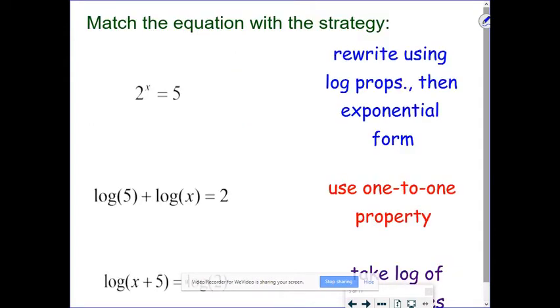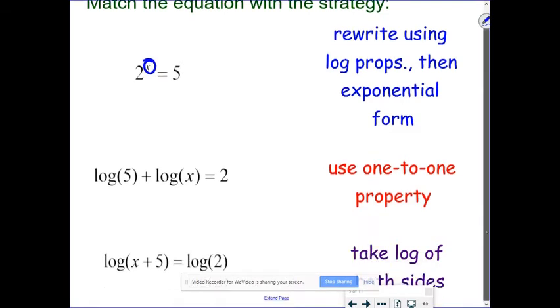We go on to the next one now. We think about strategies here. How do I kind of approach these problems? So if I'm thinking about 2 to the x equals 5, the things I look at, where is the variable? In this case, the variable is in the exponent, so to get it out of the exponent, I'm going to take the log of both sides.